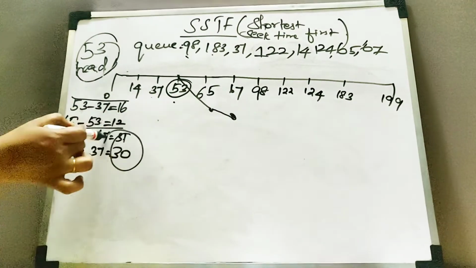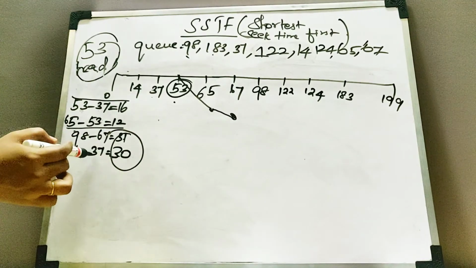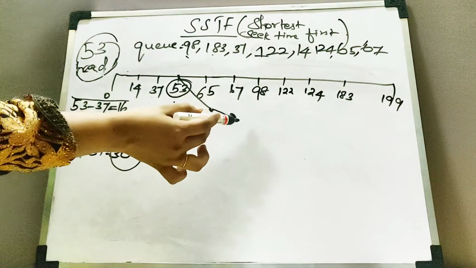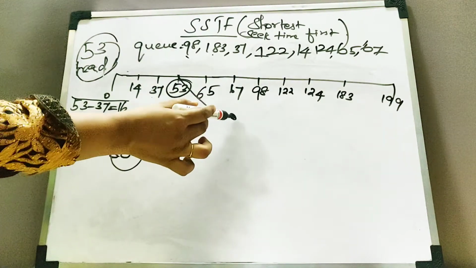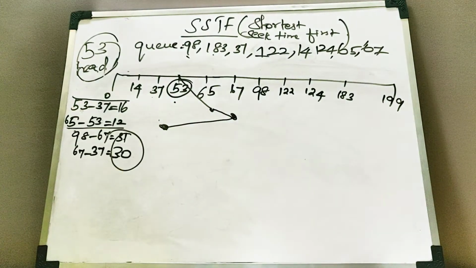Out of these two values, the minimum is 30, which is from the disk queue 37. So from 67, the closest pending request is 37, and it has to come to 37.